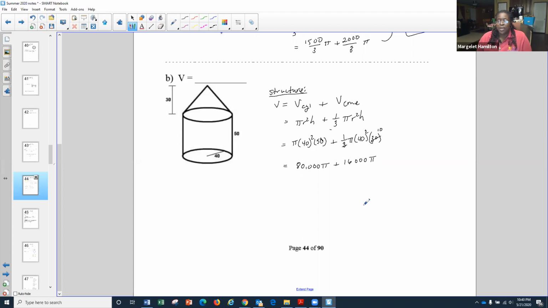Because right here we see that we have like terms, and now we can go ahead and add these two things together. And when we add them together, we should see that we get our volume to equal 96,000 pi. Okay, so 96,000 pi.